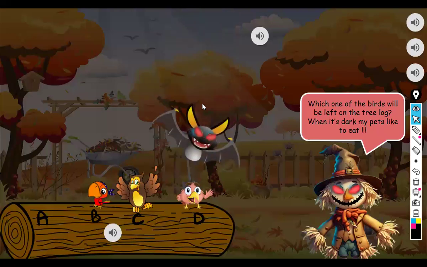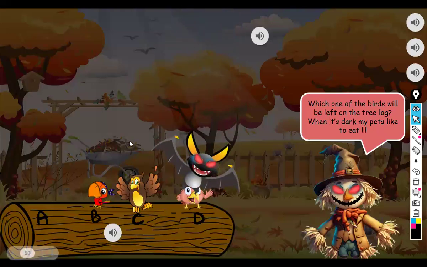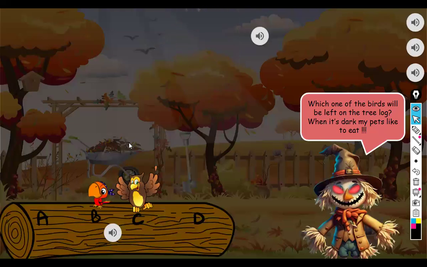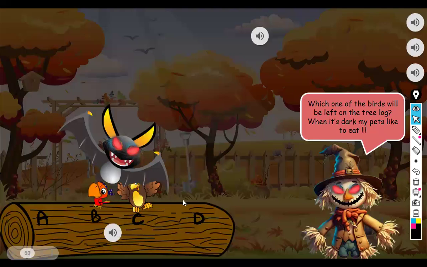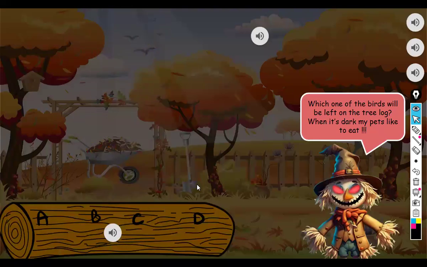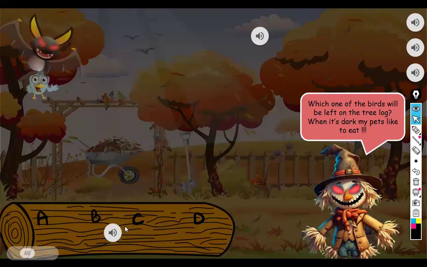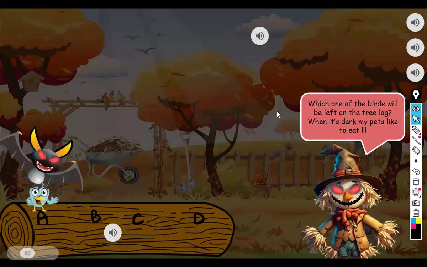Next to go is D, the bat there. Next on the list is, I'm not too sure who is getting picked up there. Oh my God, they all lost. However, just now, let's see if anything happens. The bat drops down.